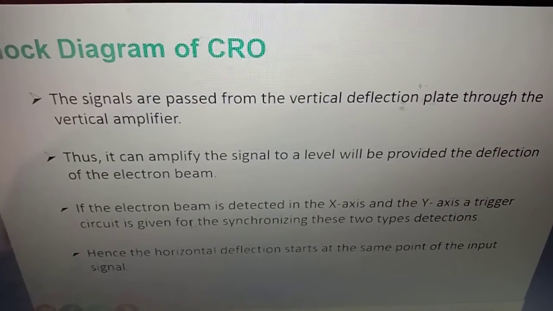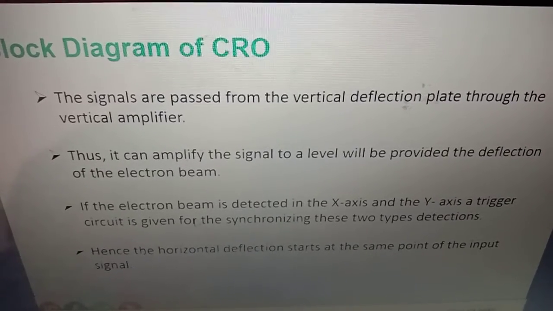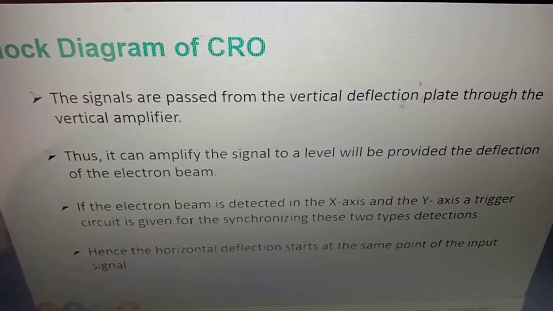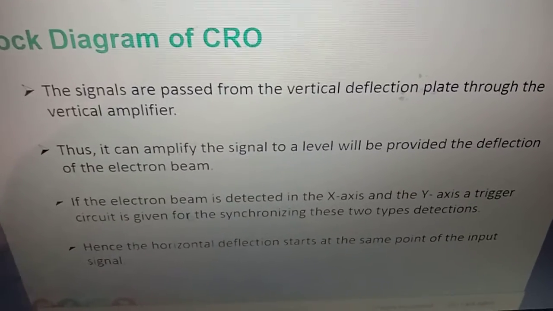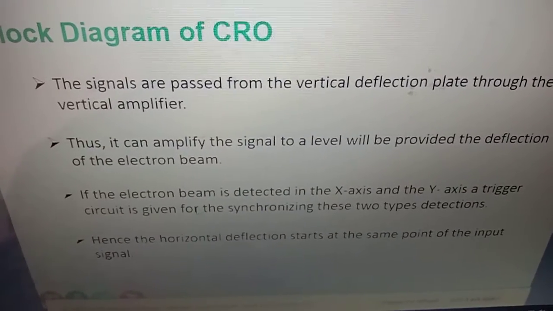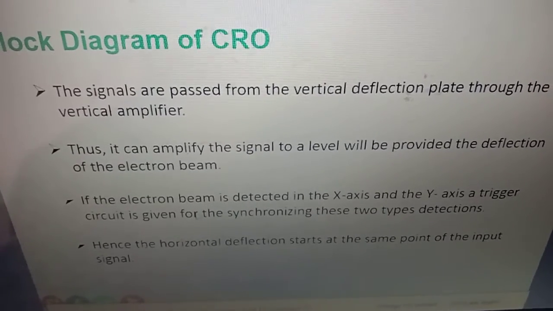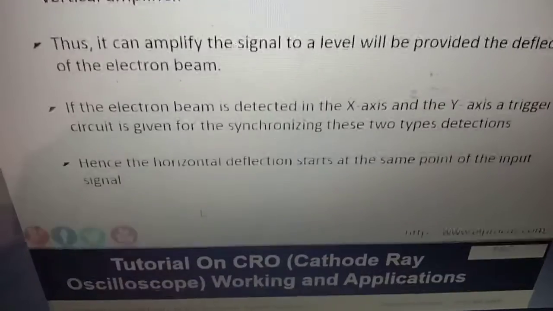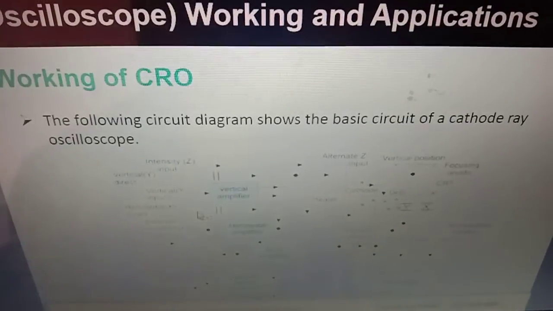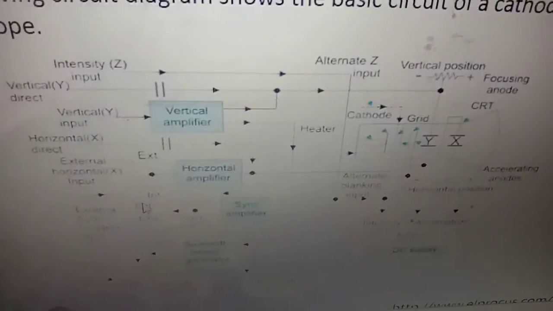If an electron beam is deflected in the x-axis and y-axis, a trigger circuit is given for synchronizing the two deflections. Hence, horizontal deflection starts at the same point of the input signal. This is the detailed block diagram of the cathode ray oscilloscope.